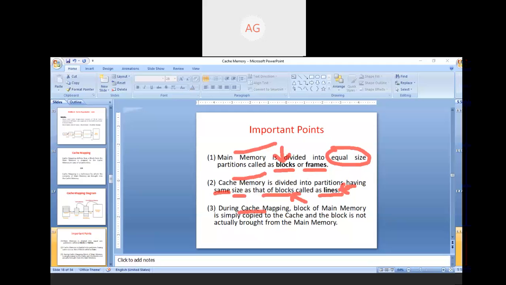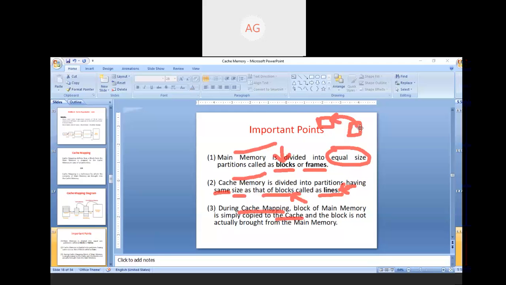During cache mapping, blocks from the main memory are simply copied to the cache; the block is not actually removed from the main memory. So when we transfer a block from the main memory to the cache memory, the block is copied and not moved. You should remember this very important point. A copy is present in the main memory as well as in the cache memory.